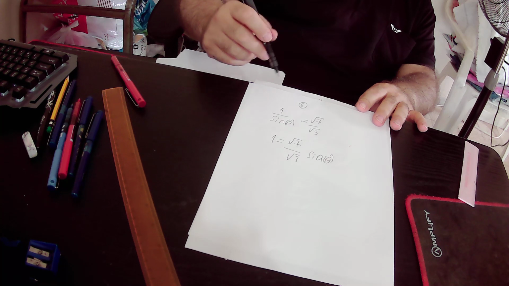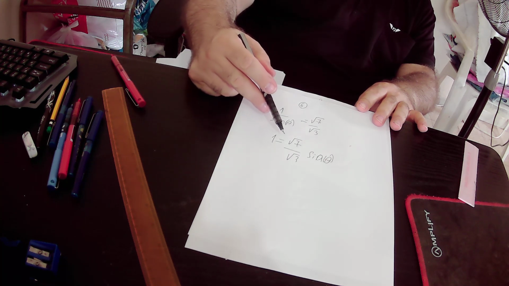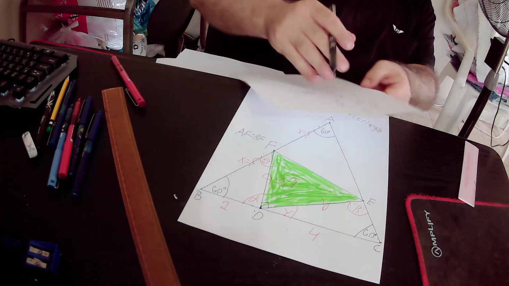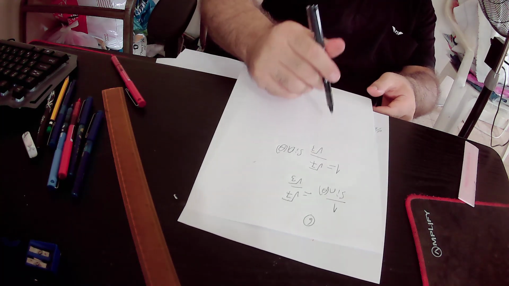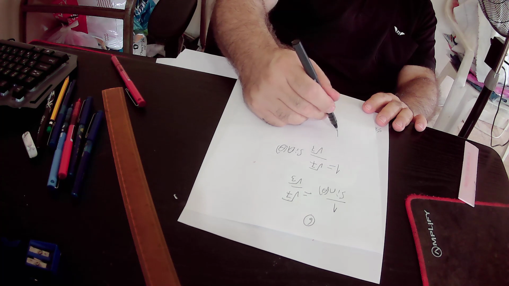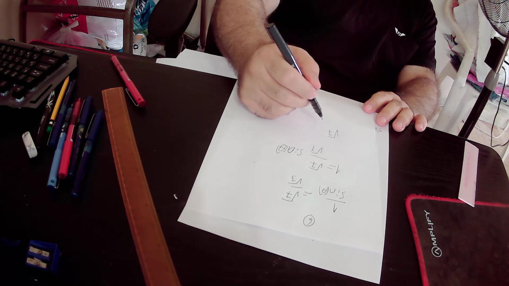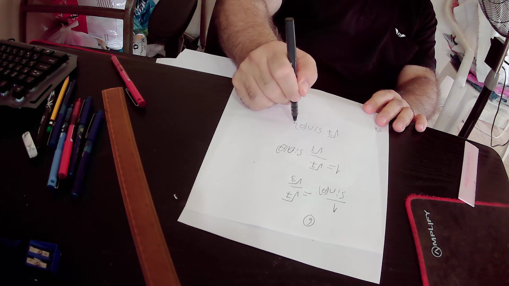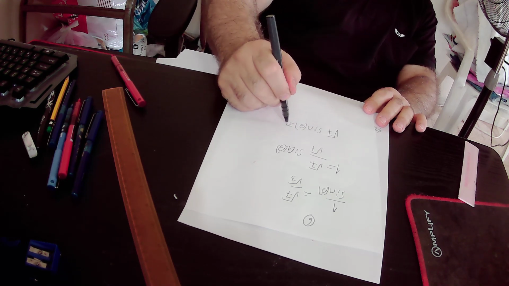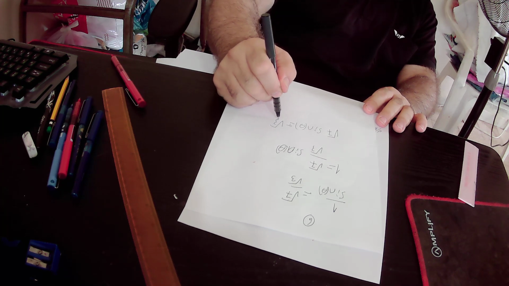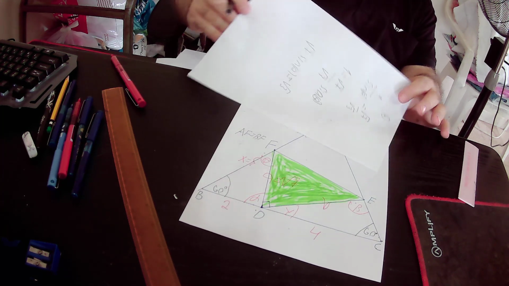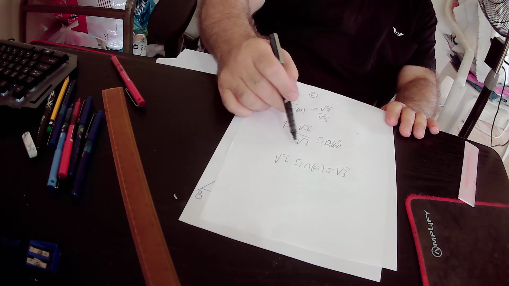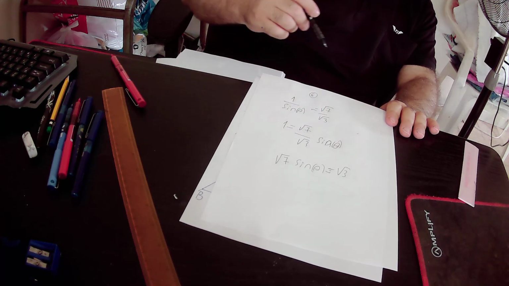Here we will multiply this equality by root 3, and we get that root 7 times sinus theta equals root 3.